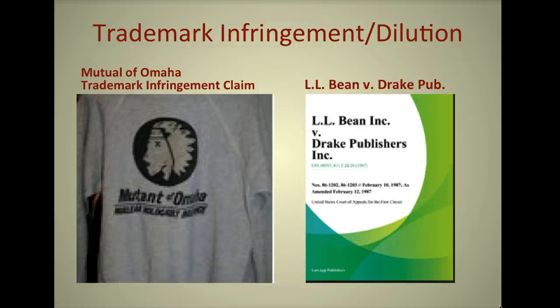What he did was call his t-shirt Mutant of Omaha, and sold, and you can't see it very well on the image, nuclear holocaust insurance. So he sold those in Omaha.